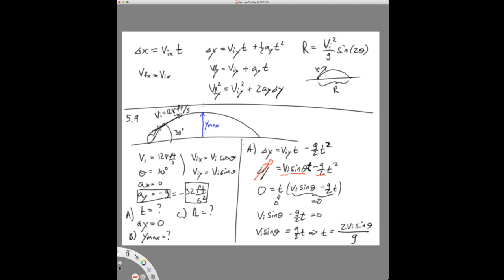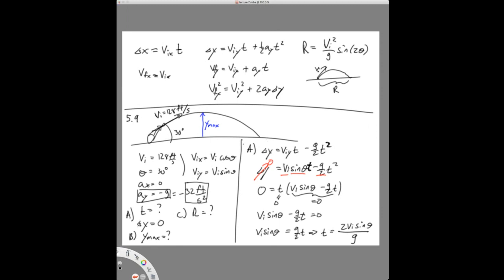Now that's actually good logic, but we've never proven that before, so I wouldn't use it yet. It makes sense that it's true, but it wouldn't be true if there's air resistance, for example. But if there's no air resistance, the time on the way up is equal to the time on the way down if it goes the same distance up as down.